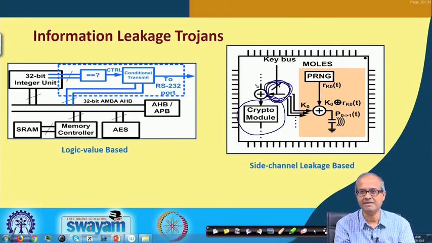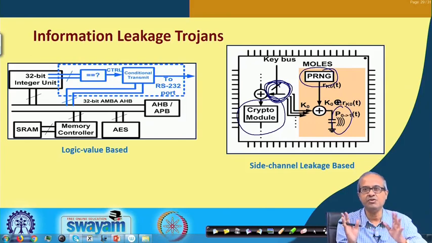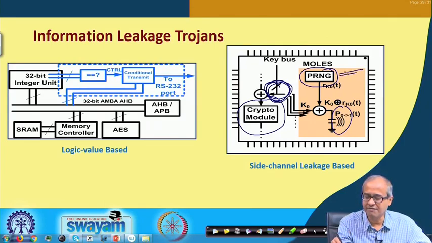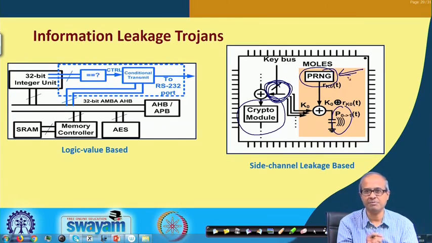So, what do they do? They use some kind of a special circuit here, take this value and using some kind of a pseudo random number generator, generate some random noise. It is not really random, because the person who has inserted it knows what kind of random patterns are generated here.